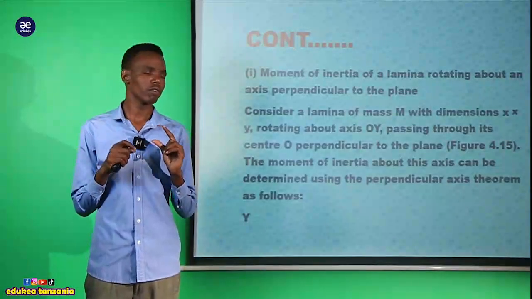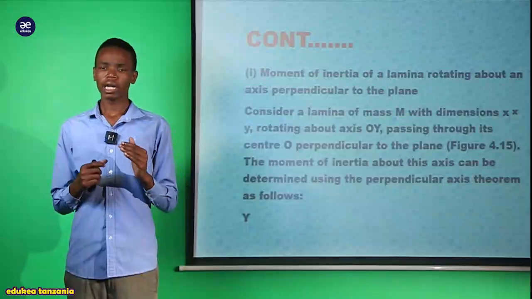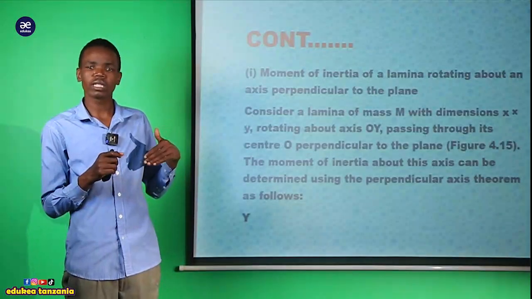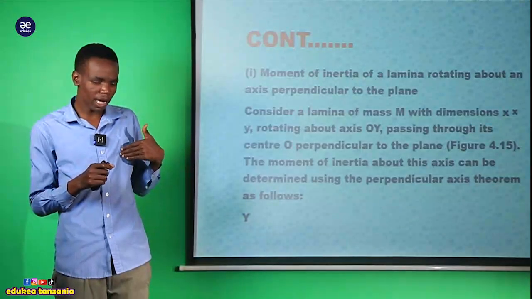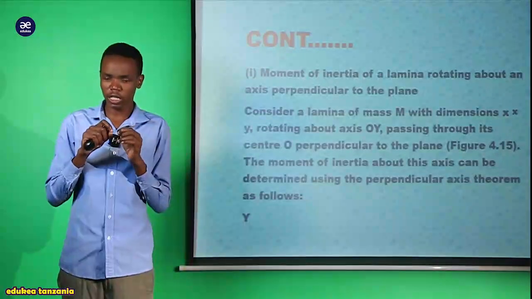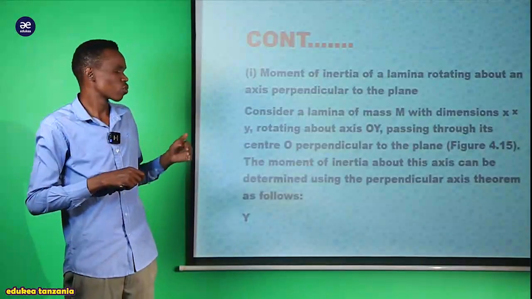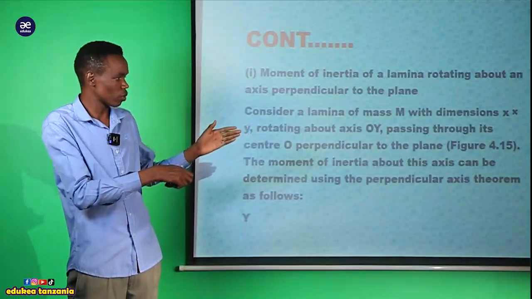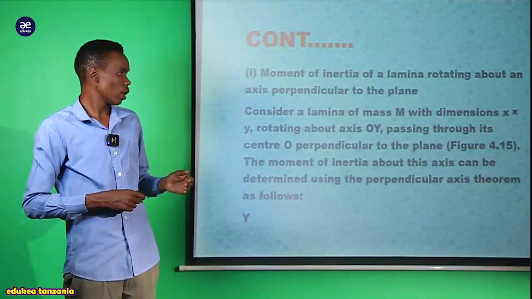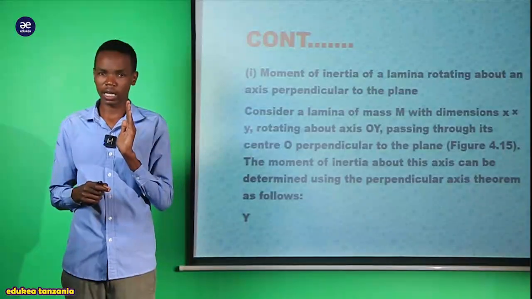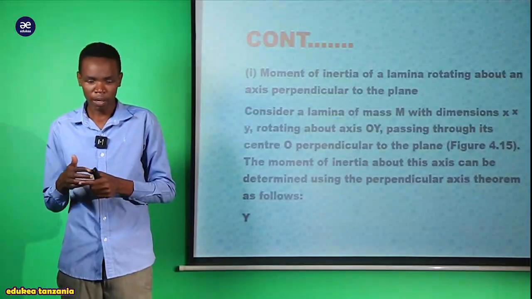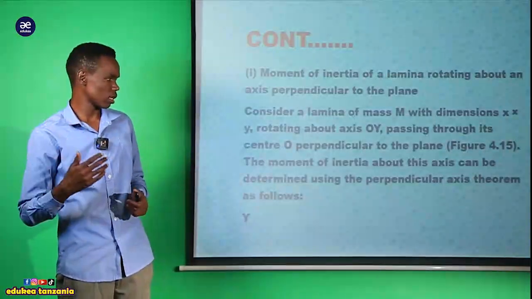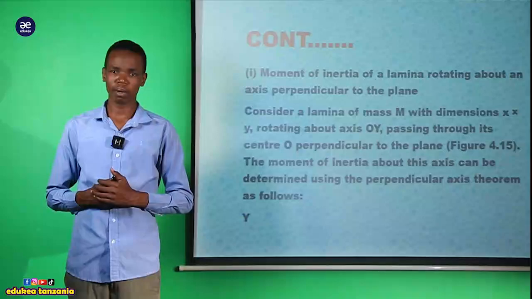Imagine we have this lamina containing the mass m, rotating about an axis, and the lamina has dimensions in the x, y plane. It rotates about the axis OY, which passes through the center, so the lamina rotates perpendicular to that axis, as shown in figure number 15.